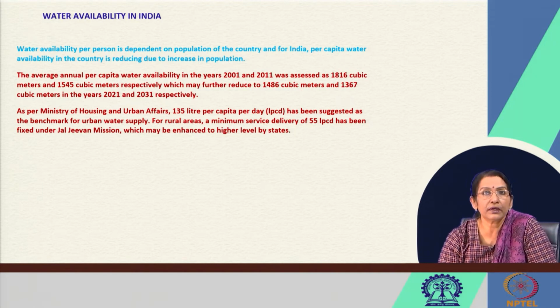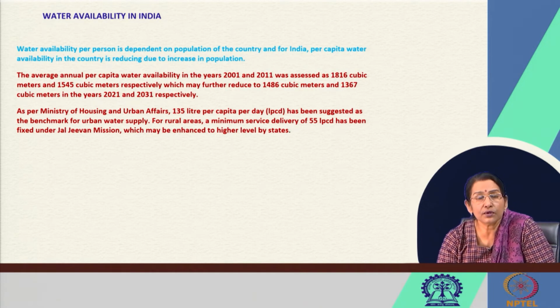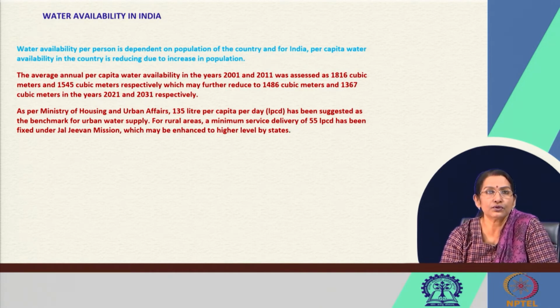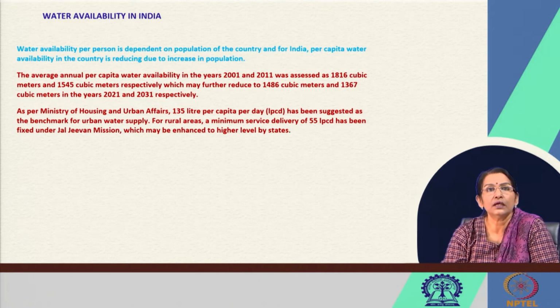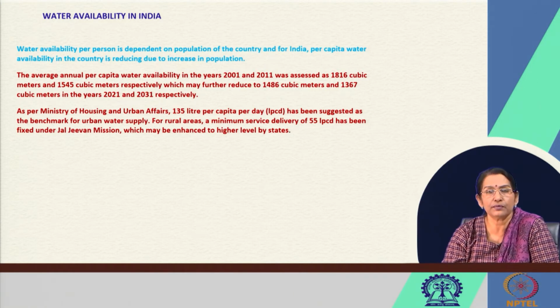The per capita use of water is reducing because of overpopulation, population explosion, etc. Therefore, the Ministry of Urban Affairs and Housing has stated that 135 liters per capita per day has been suggested as the benchmark, as the optimum level of water supply.